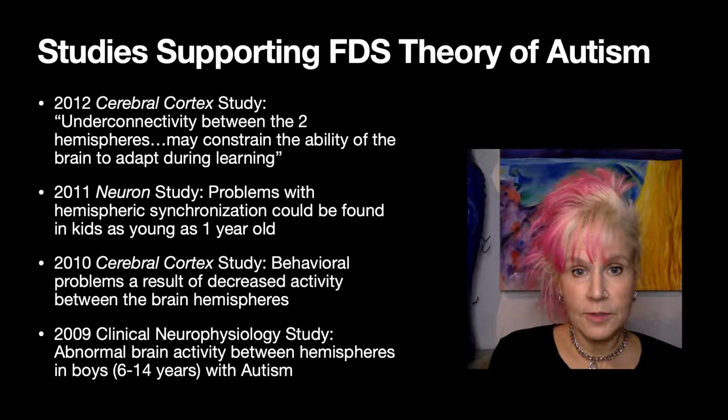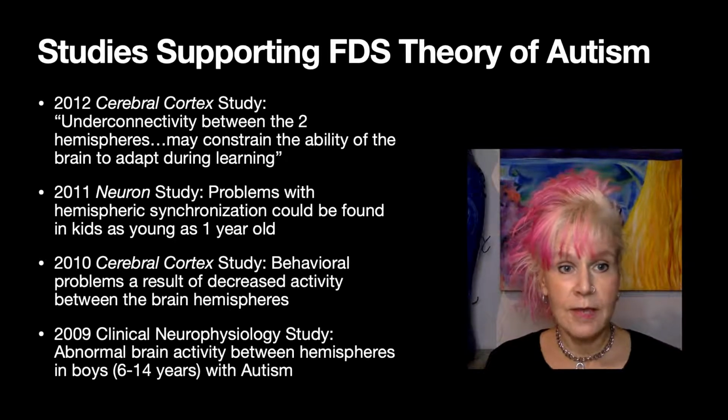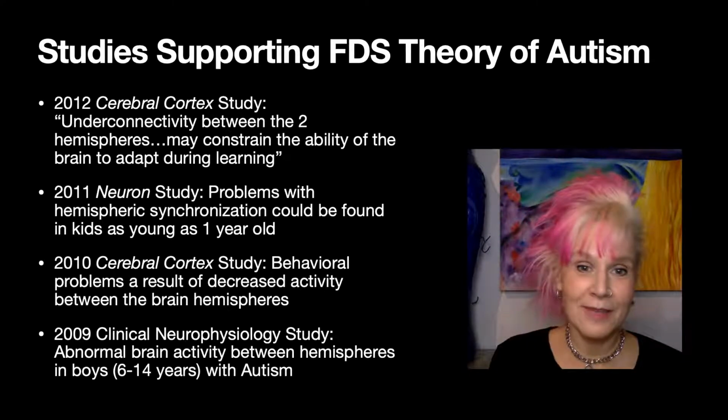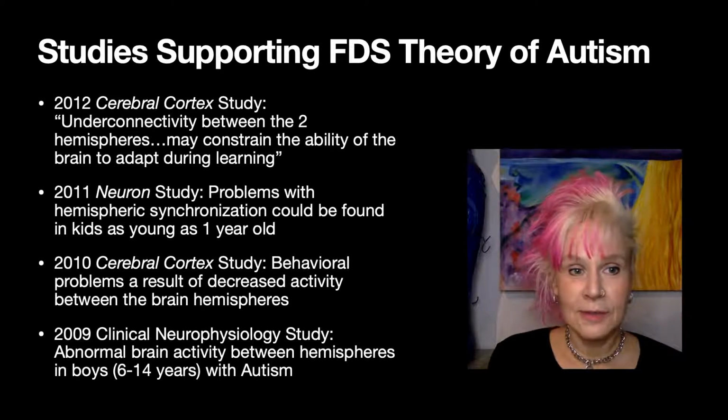And therefore, the corpus callosum, that's the bridge between the two hemispheres, was smaller. And that is possibly an issue that we're going to see, because if you're not having that communication between the two halves of the brain, then one side is not going to know what the other side is doing.